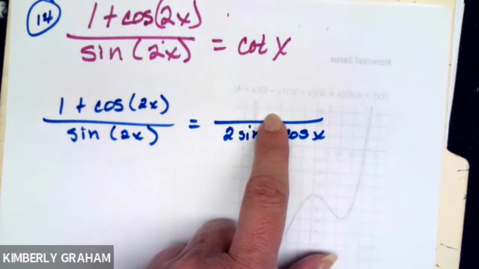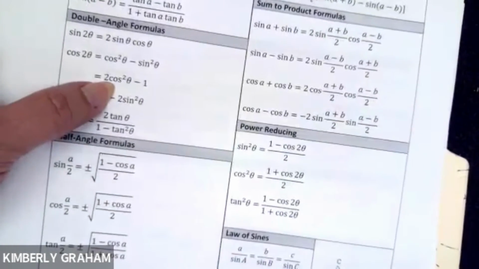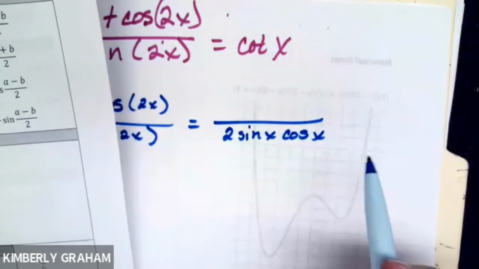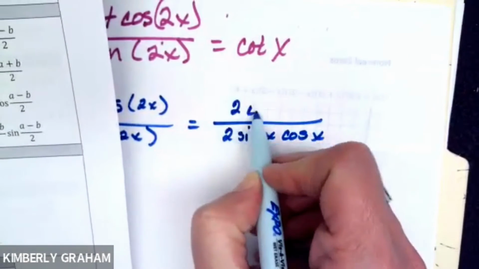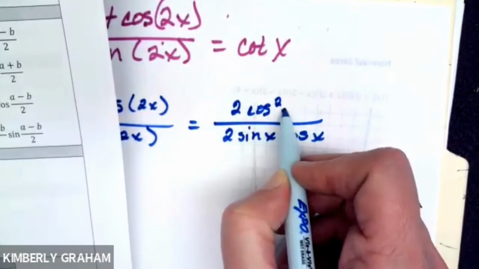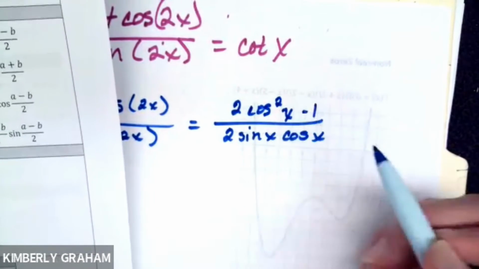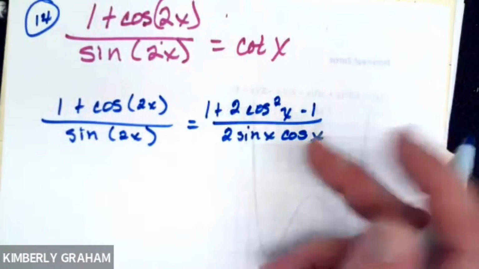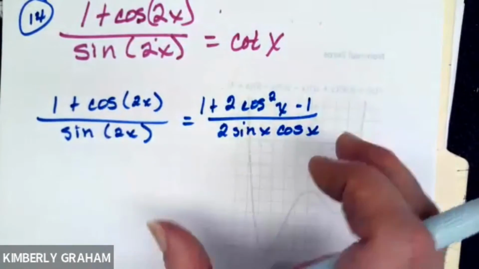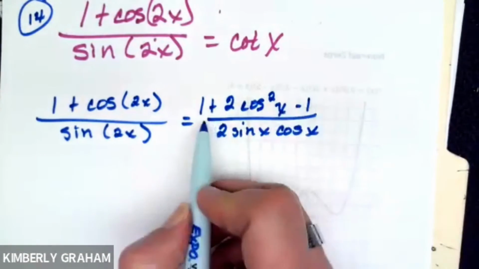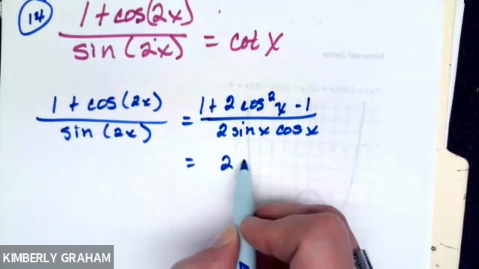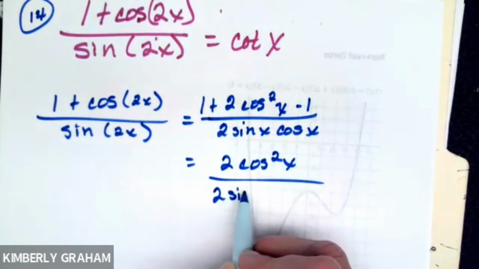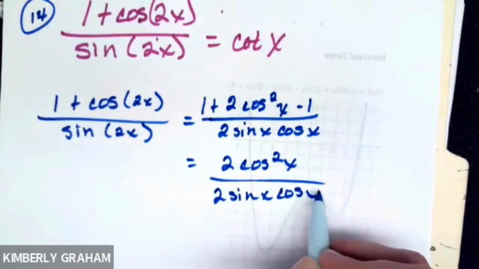That would probably make the most sense: 2 cosine squared x minus 1. Oh, and then I have 1 plus that, right? So the 1 and negative 1 are going to cancel. So I have 2 cosine squared x over 2 sine x cosine x.